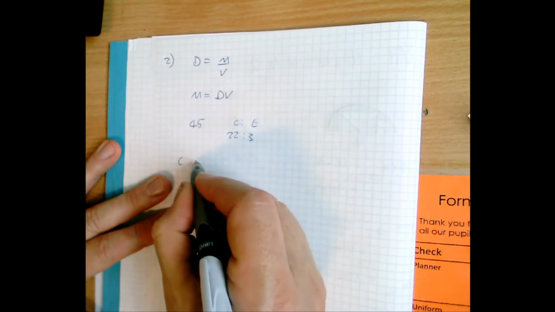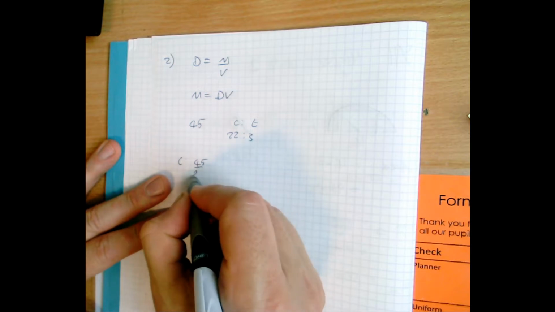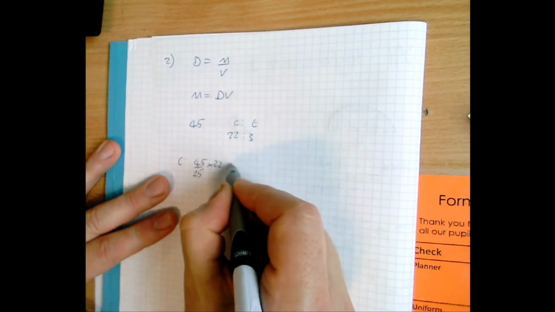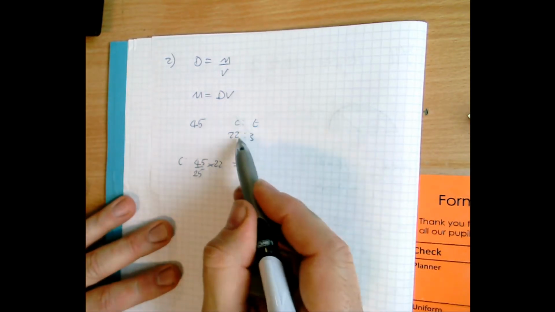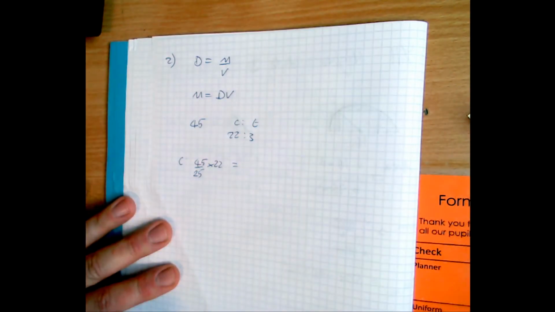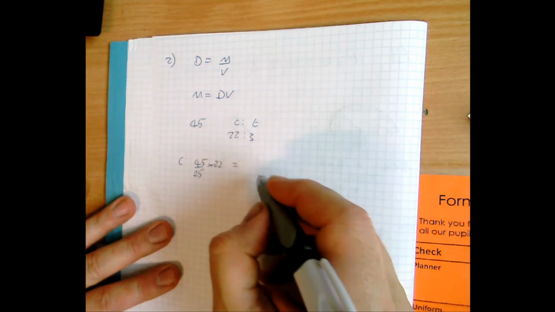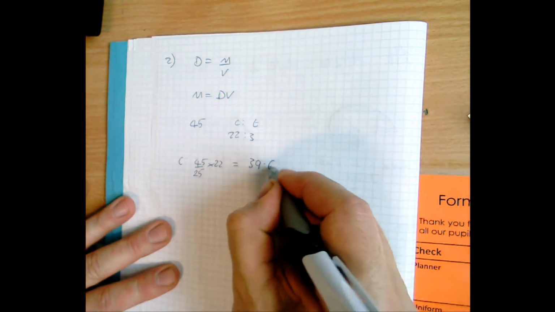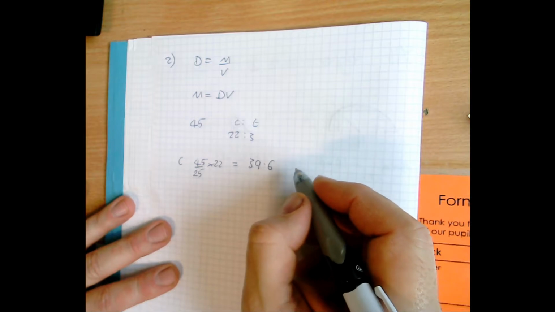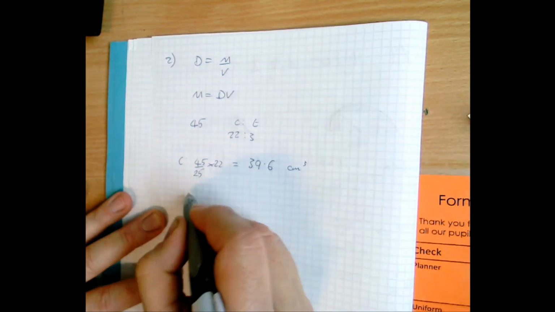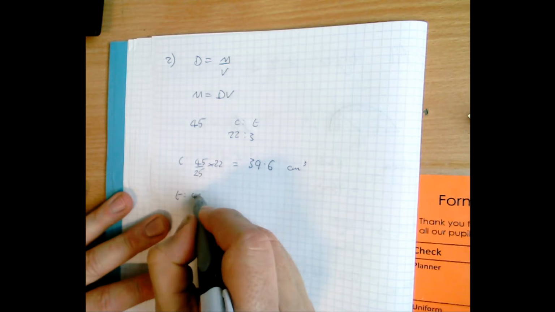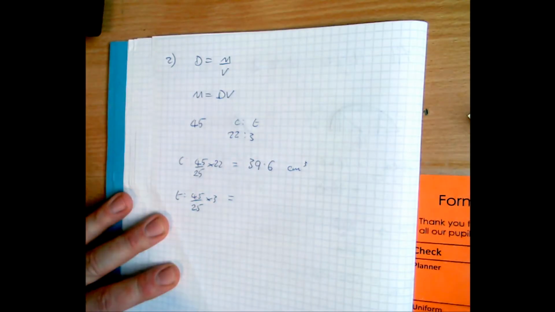So copper, I divide by 25 times by 22. 25 parts altogether, 22 of them are copper. That's 39.6 centimetres cubed.